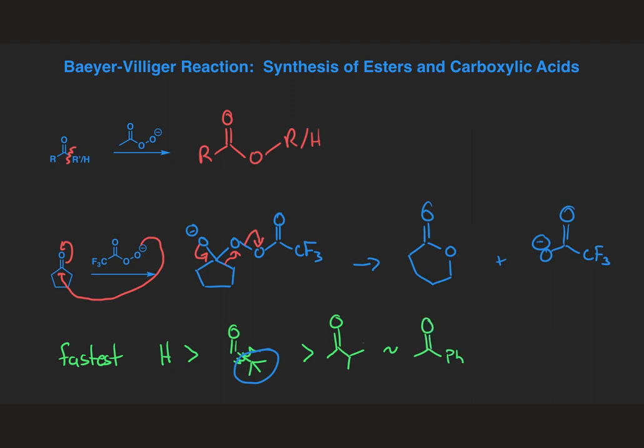So that's these groups migrating. After that is a primary group. So it would be something like this, where that is the thing migrating. And the last one is a methyl group, which is the slowest one to migrate. So if you have a methyl, that's going to be the slowest thing to migrate.